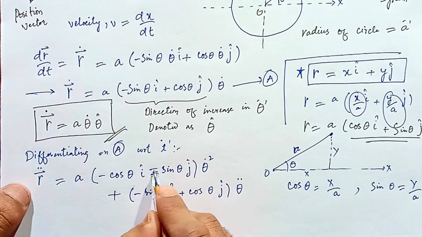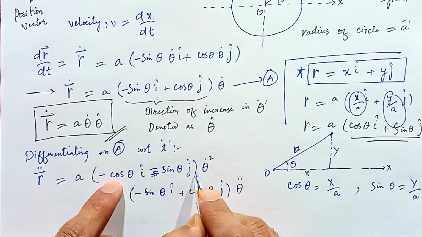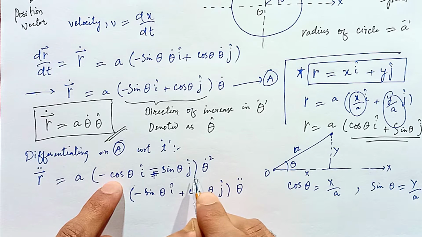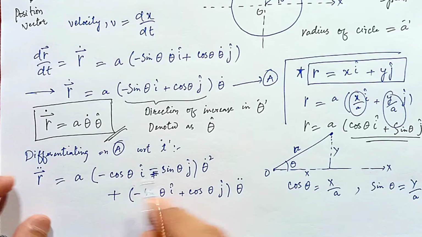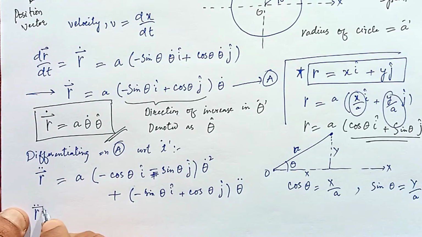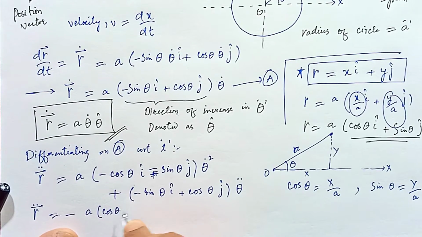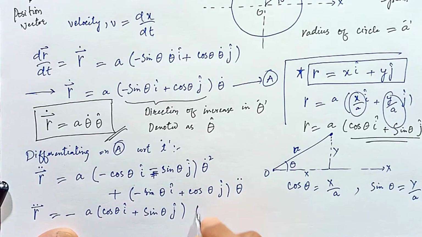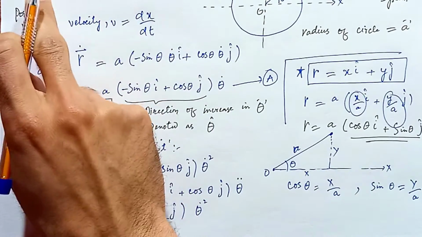So from here, keeping the minus outside, we'll get cosine of theta plus sine of theta. Fine, and I'll write it down first. Our r double dot will be equal to minus a times cosine of theta i plus sine theta j times theta dot square. So this very thing, a times this very thing, is r, the position vector itself.